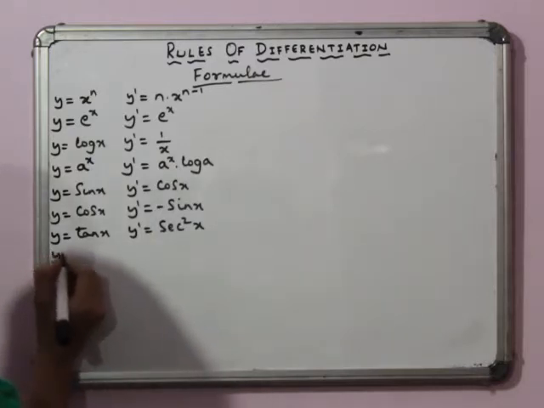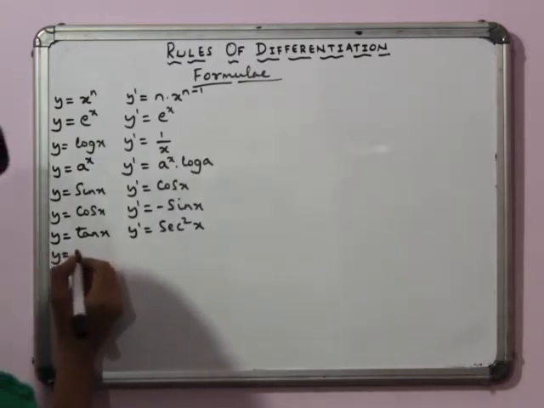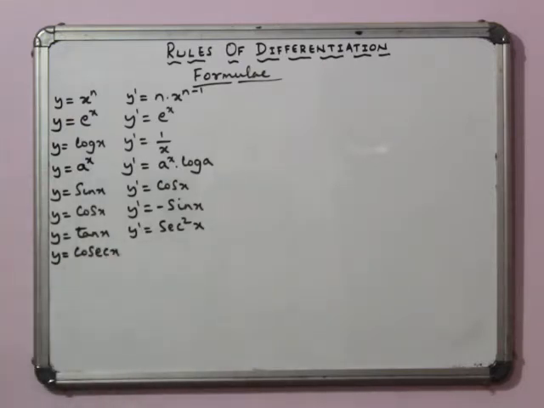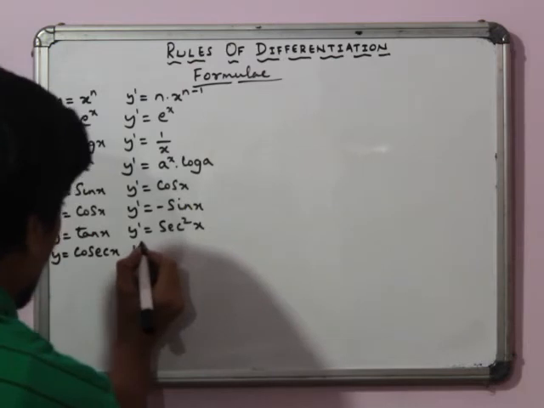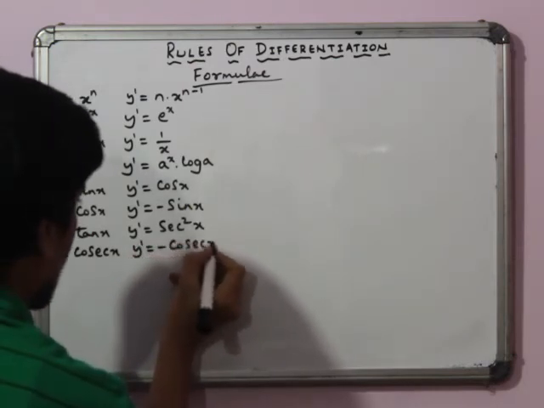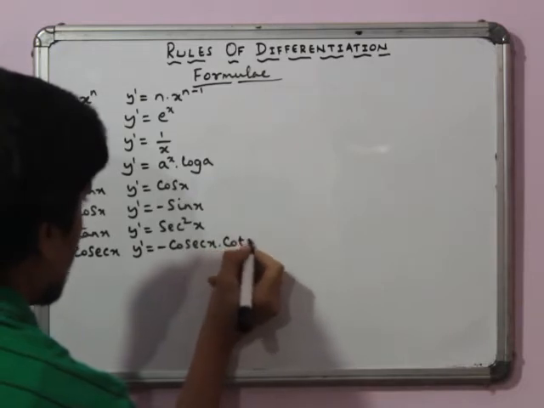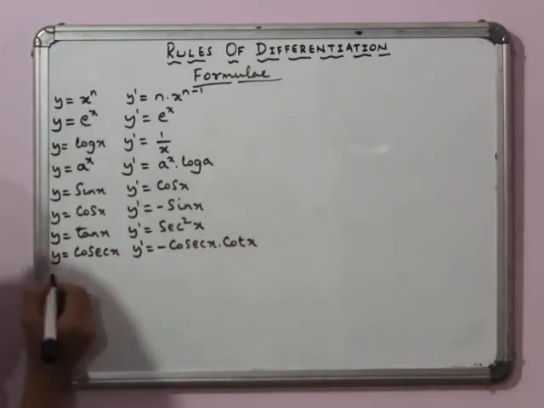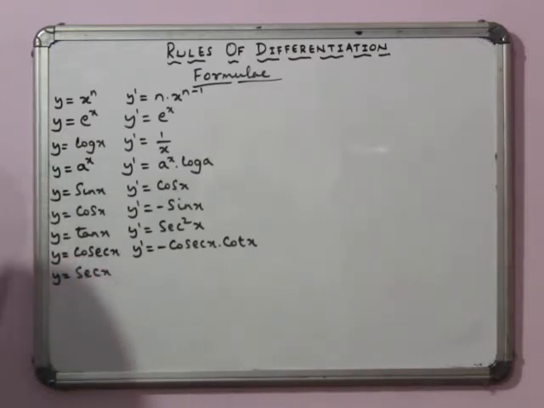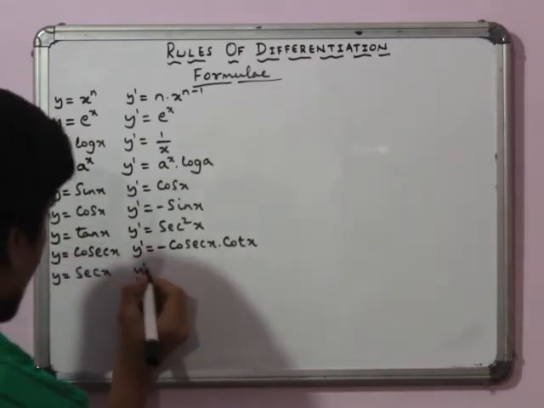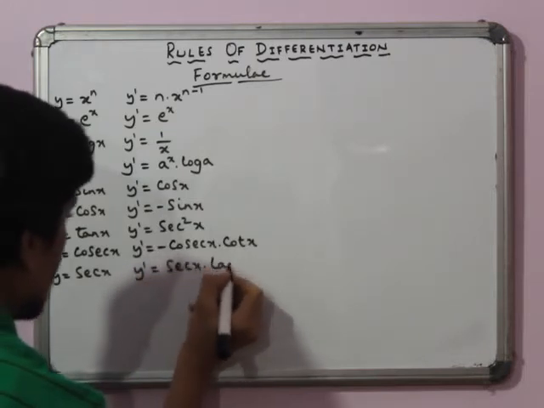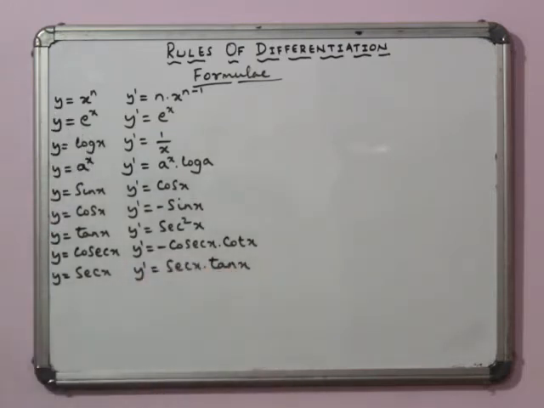Next, y is equal to cosecant x, y dash is equal to minus cosecant x into cot x. y is equal to secant x, y dash is equal to secant x into tan x.